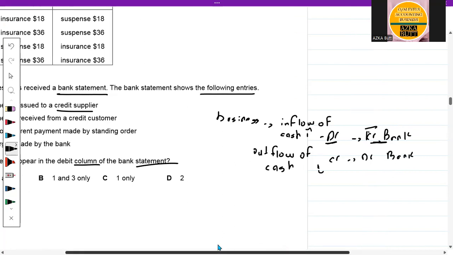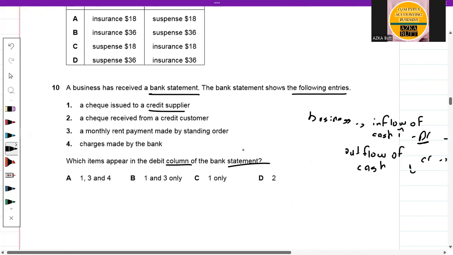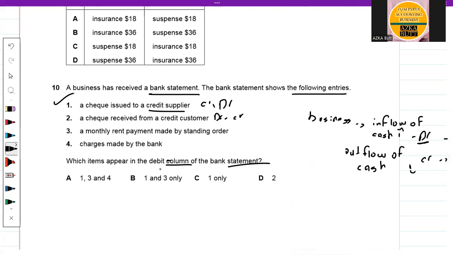So which item appears in the debit column of the bank statement? Cheque issued to a credit supplier: we will credit it but the bank would debit it, so this is the right option. A cheque received from the credit customer: we will debit it but the bank will credit it, and they're asking for items in the debit column, so this is not right.